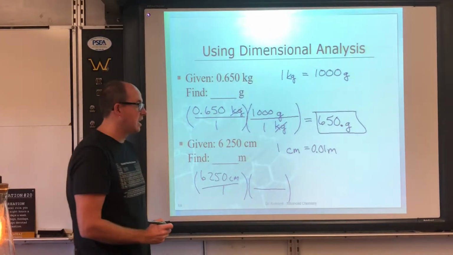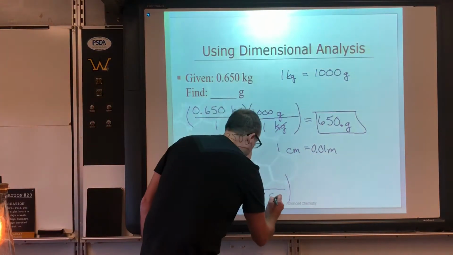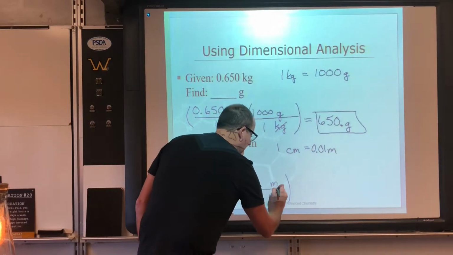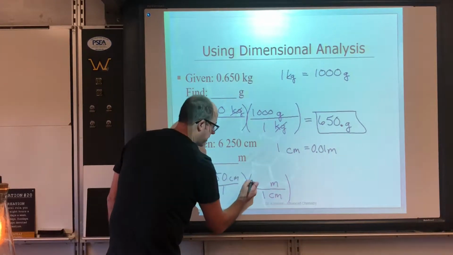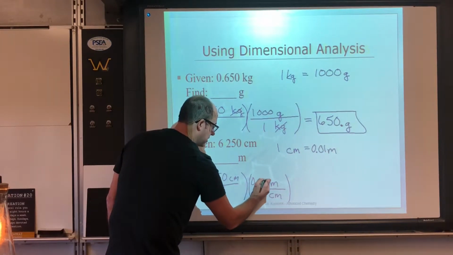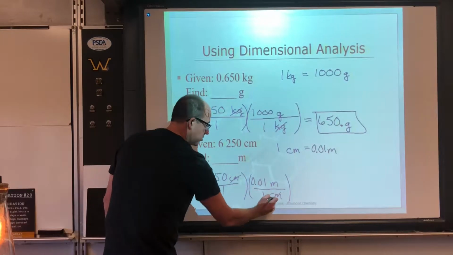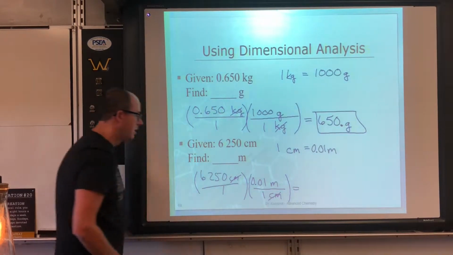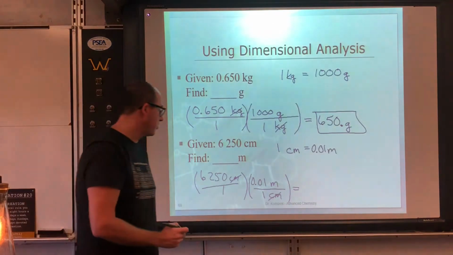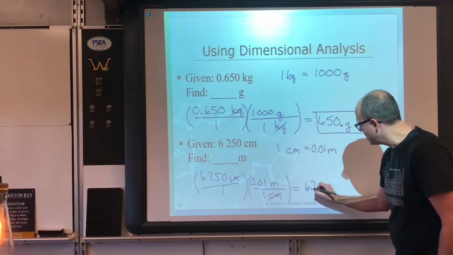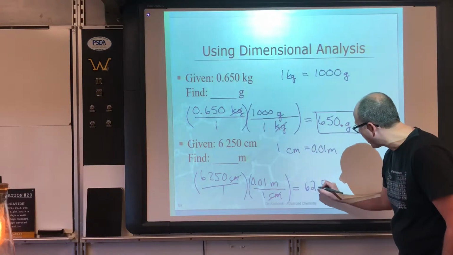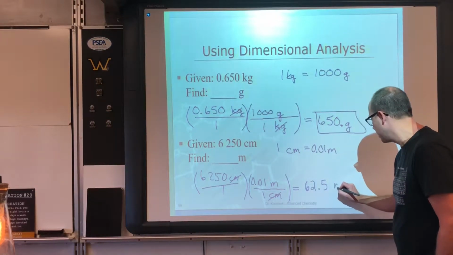We're getting rid of centimeters, so that goes on the bottom. Meters up top, and it's 1 in front of the prefix. This multiplier is in front of the base unit, and centimeters cancel. Multiplying those two numbers together gives us 62.5 meters.